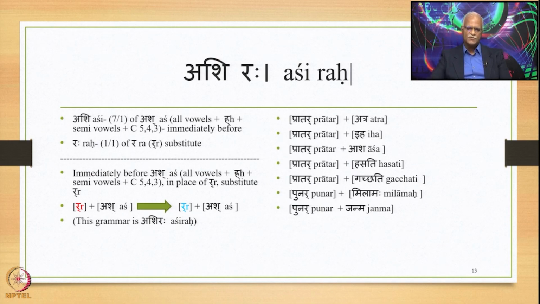So, we have r plus ash as the input in this way, and the output is r. There is no other modification or substitution that takes place. So, it is stated that this grammar is Ashiraha.